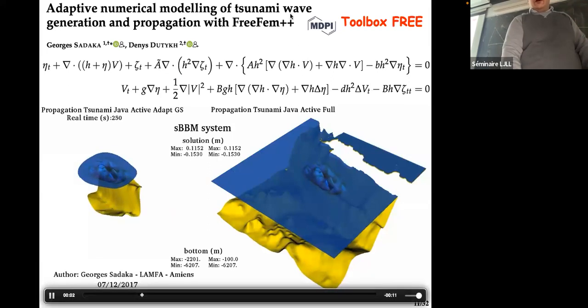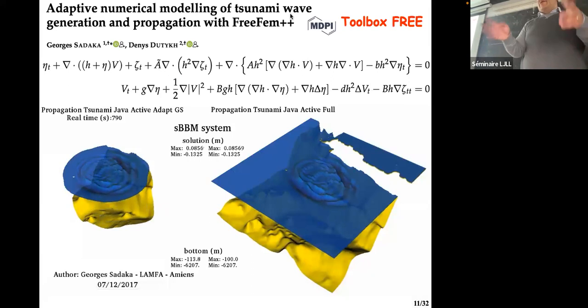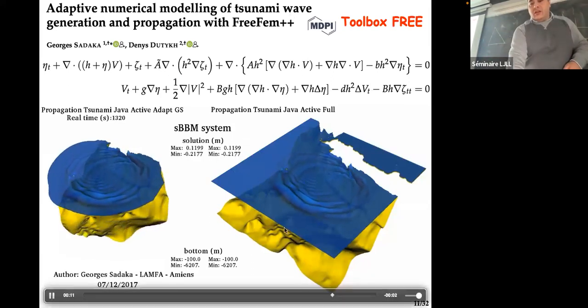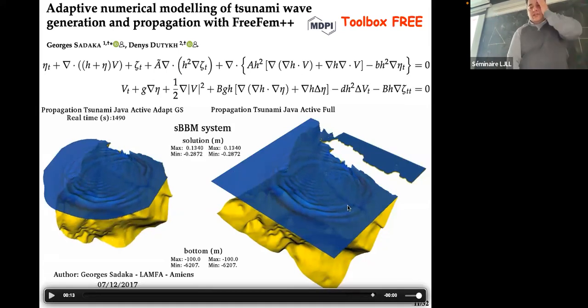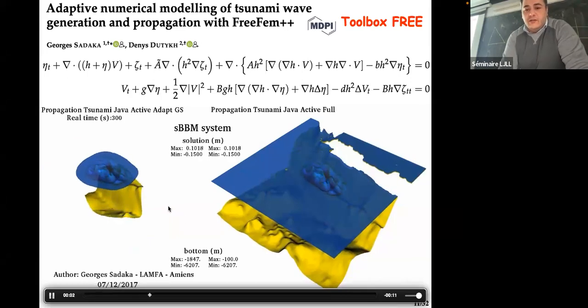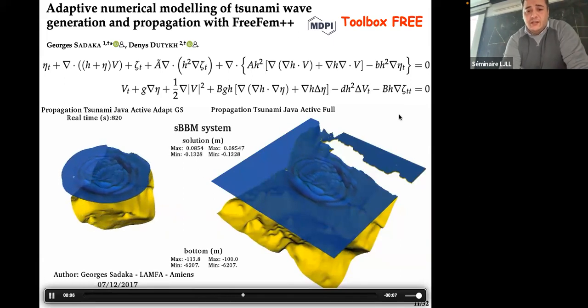In this paper, you have the toolbox for how to generate a mesh from an image, how to generate the mesh from a bathymetry. So here, I generate the mesh from the bathymetry, and I simulate the tsunami wave generated near Java Island in 2016.